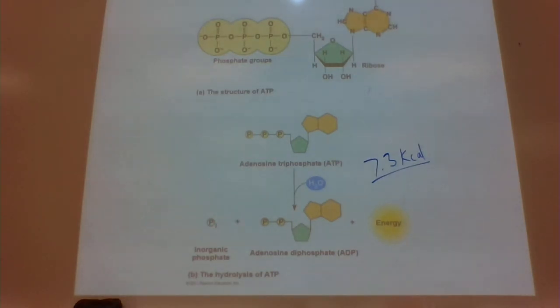It is the hydrolysis of ATP that powers all cellular work. The hydrolysis of ATP powers literally every single thing that happens in your body. You need ATP more than you need anything else to be alive. ATP, number one.